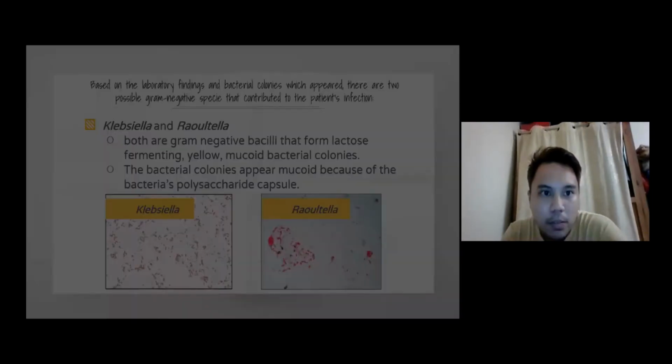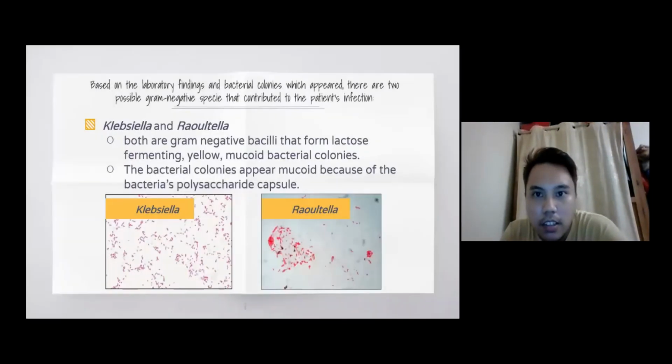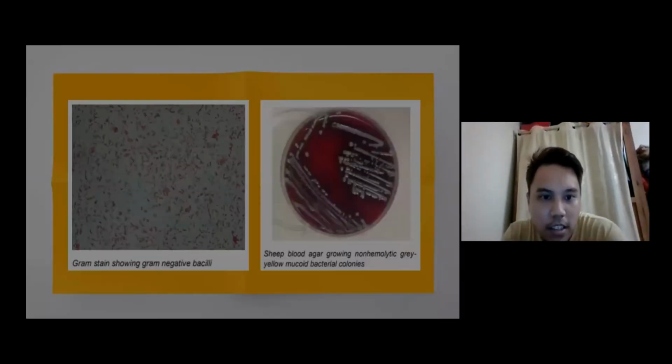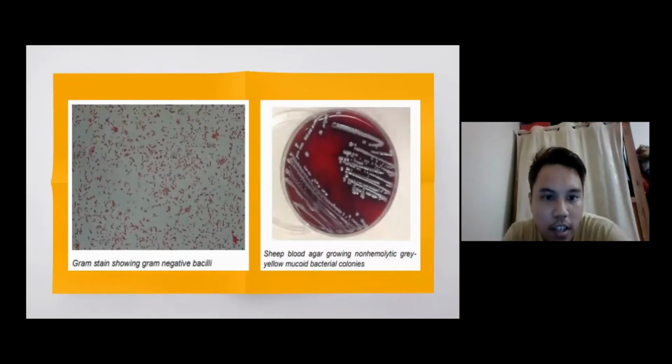Based on the laboratory findings and the bacterial colonies which appeared, there are two possible gram-negative species that contributed to the patient's infection: Klebsiella and Raoultella. The picture of the Klebsiella is somewhat the same as the gram stain shown here.